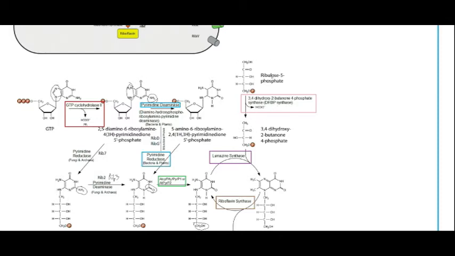So the ribulose 5-phosphate is broken. A carbon is taken off, so that we go from a 5 carbon to a 4 carbon chain here, and then that gets added onto this right here, so that we end up now with this ring on here.